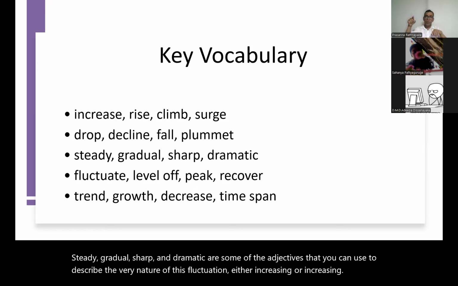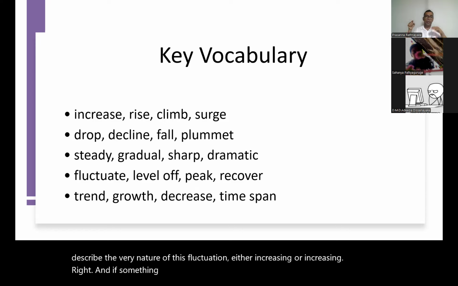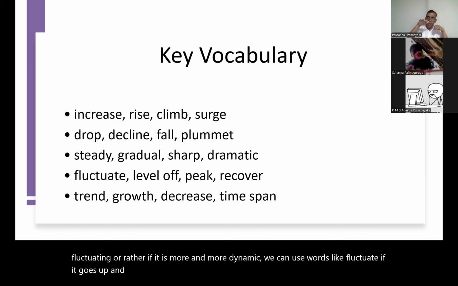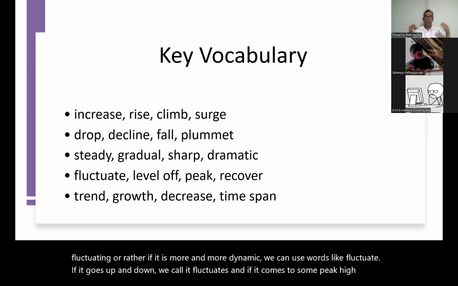And if something, other than growing and falling, is fluctuating or more dynamic, we can use words like fluctuate. If it goes up and down, we call it fluctuates. And if it comes to some high, top level and stays there, we call it level off.